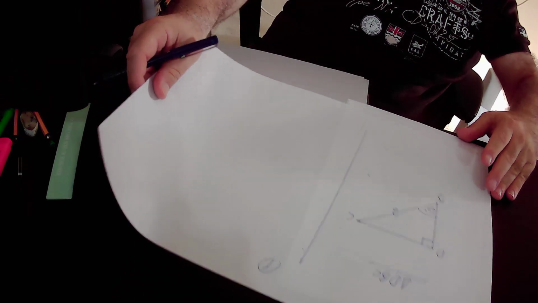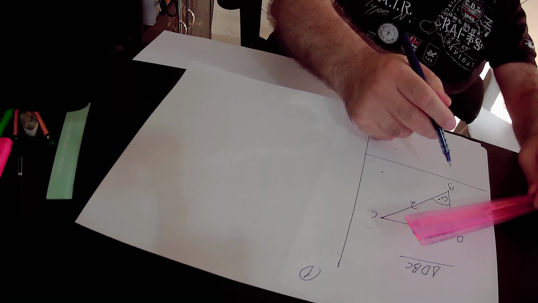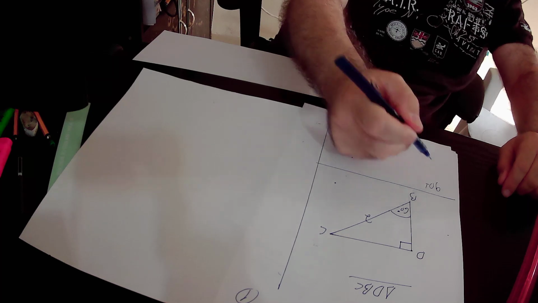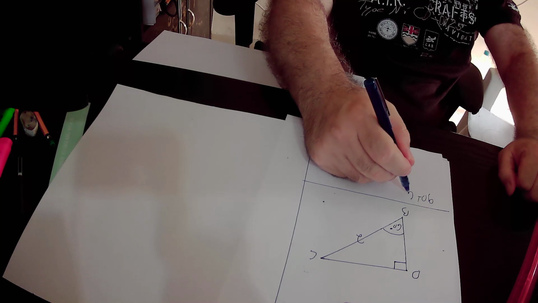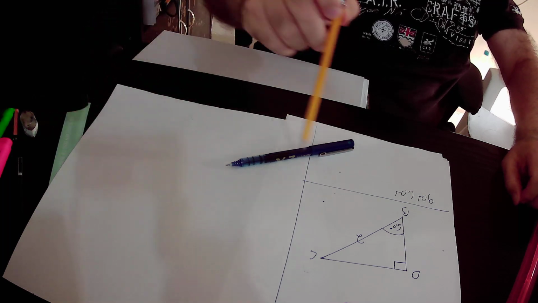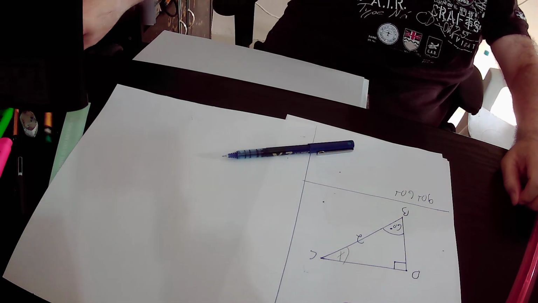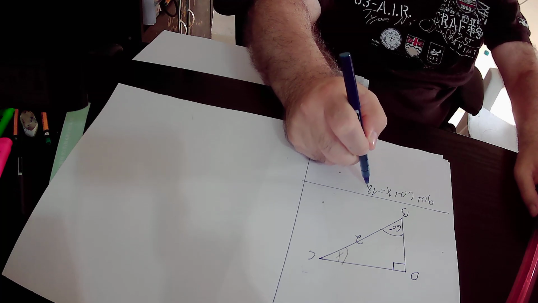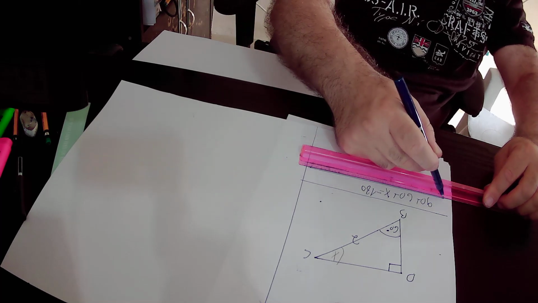We have this angle that is a right angle, equal to 90 degrees, plus this angle that is equal to 60 degrees, plus the size of this angle that we define as angle X. In total, the sum of those three angles must be equal to 180 degrees, according to the rule that the sum of the angles in any triangle is equal to 180 degrees.